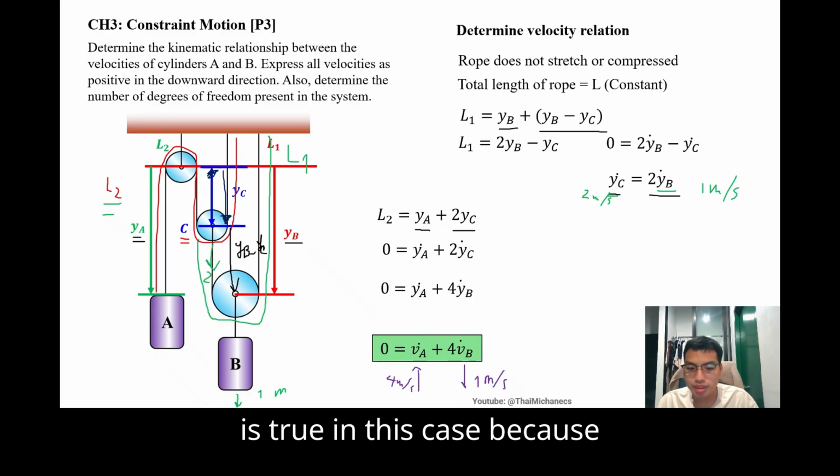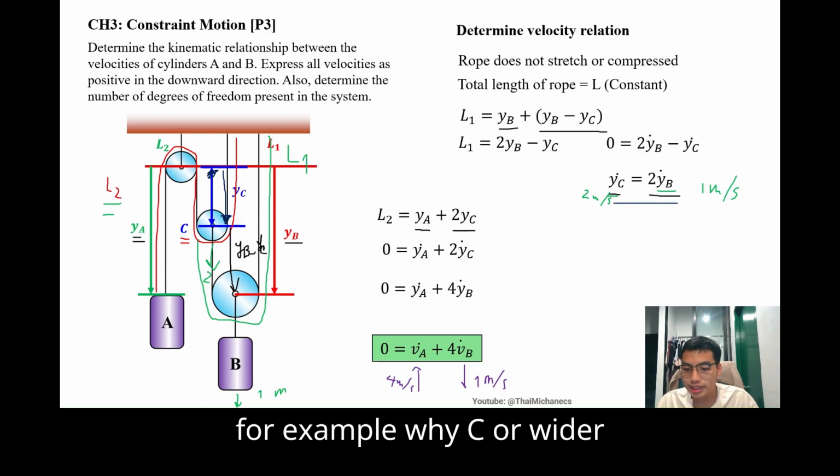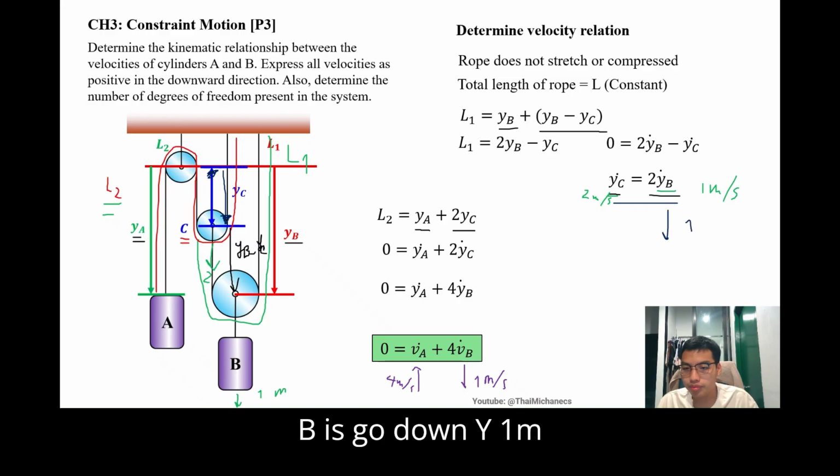And it's true in this case. Look at this equation, for example: y dot C is equal to y dot B, meaning that if y dot B goes down at 1 meter per second, y dot C will go down by 2.